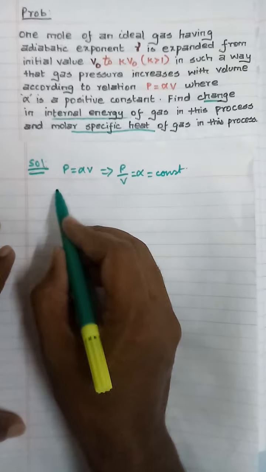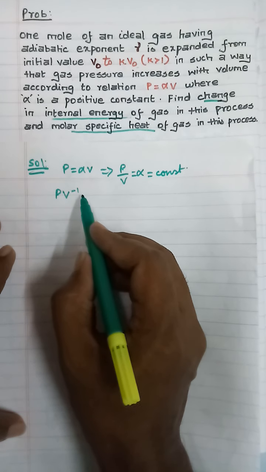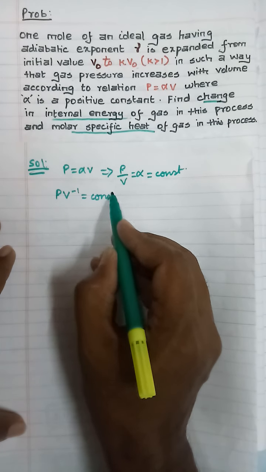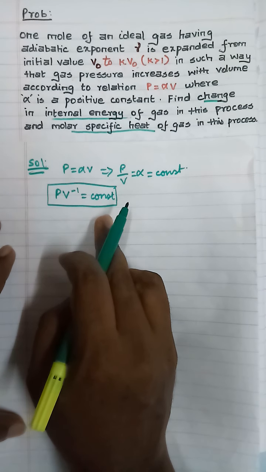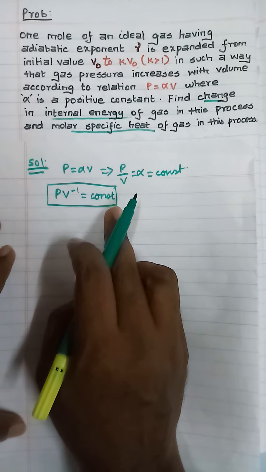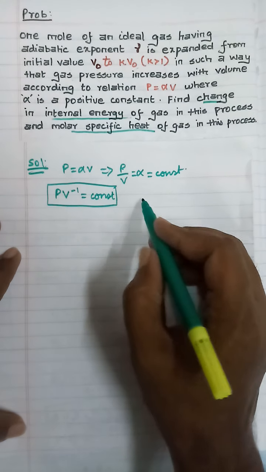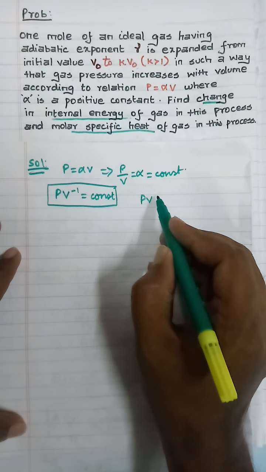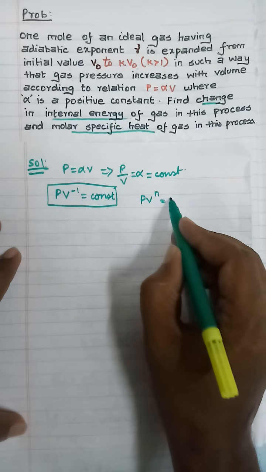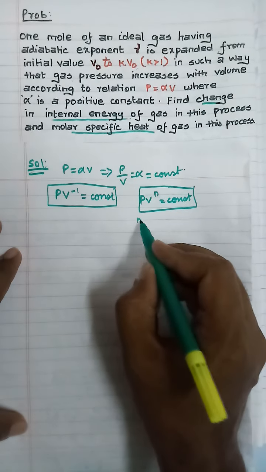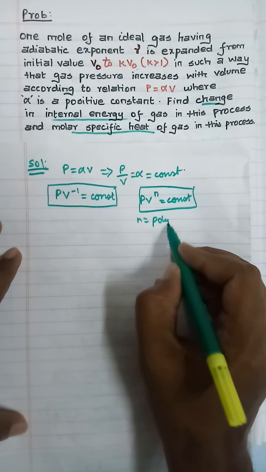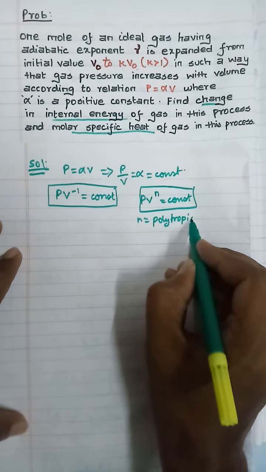Then this can be rewritten as P V power minus 1 is equal to constant. And when you look into this relation, it looks like a polytropic process. So we know a basic polytropic relation, that is PV power n is equal to constant, where n is the polytropic index.